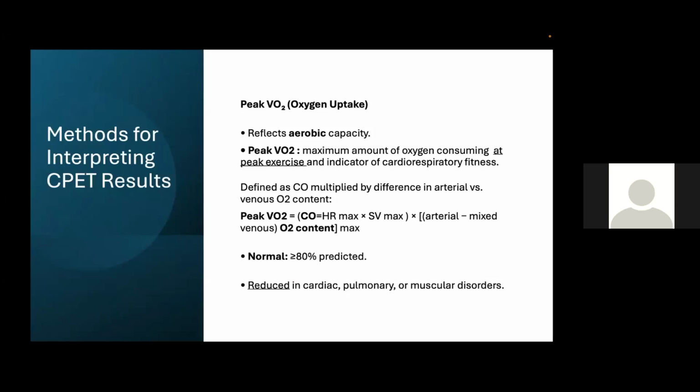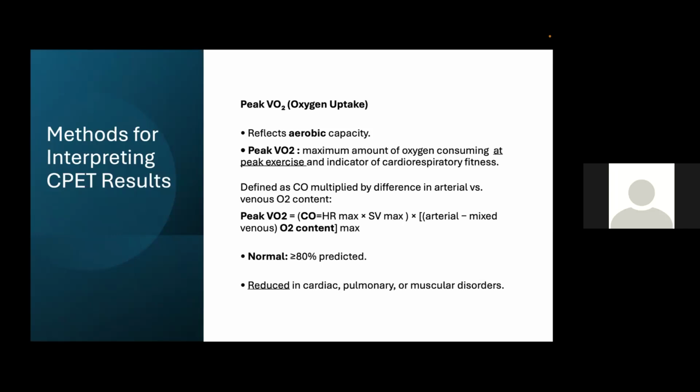This parameter is very common and important, and we all know about it. It's the peak VO2, oxygen uptake. It reflects the aerobic capacity, and it's the maximum amount of oxygen consumed at the peak of exercise, and it indicates cardiorespiratory fitness.